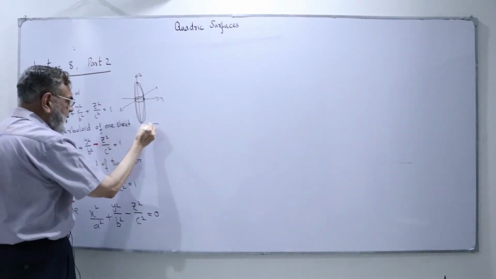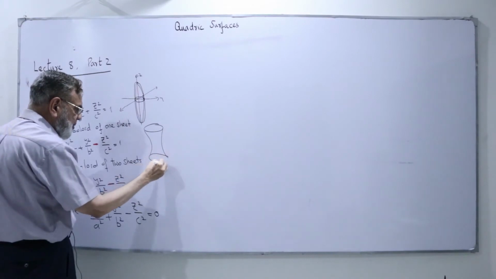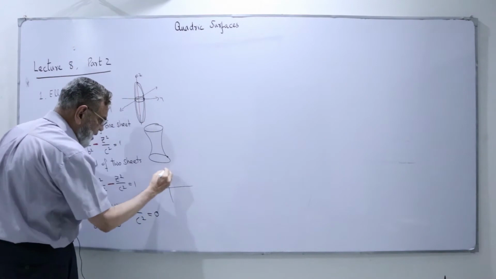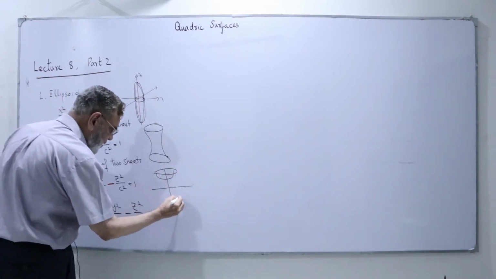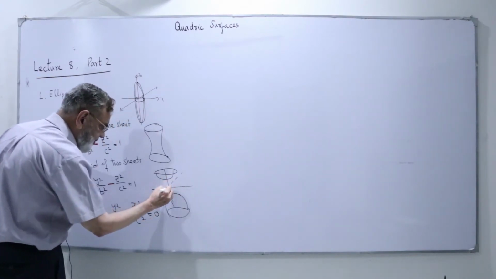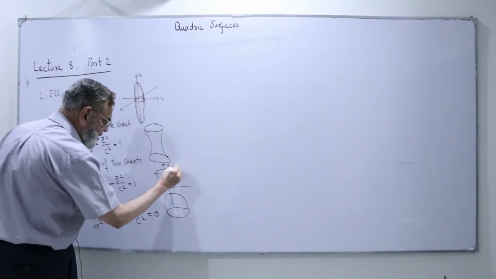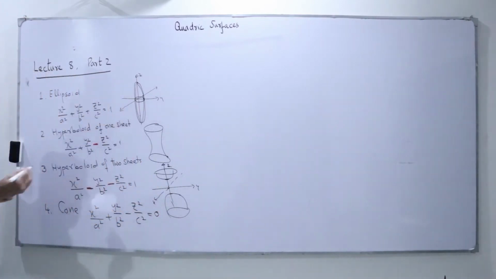Then I have the hyperboloid of one sheet, as I mentioned. However, for two sheets, if I take it opening from the z-axis, this is the graph, and there is no graph between these values of z, along my z-axis, y-axis and x-axis.